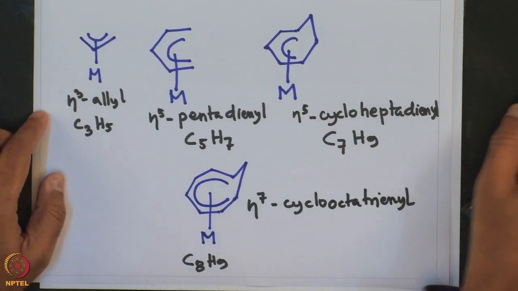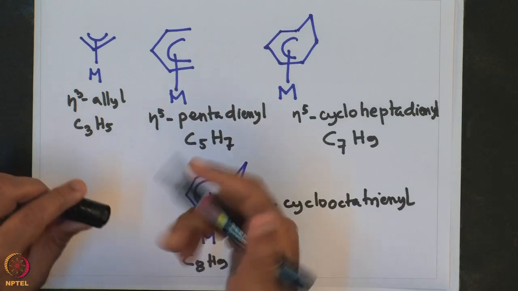So, as mentioned earlier, these transition metal alkenyl complexes and allyl complexes are remarkably inert in contrast to their ligands.